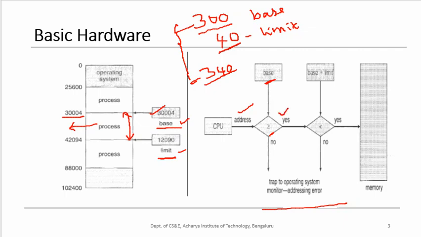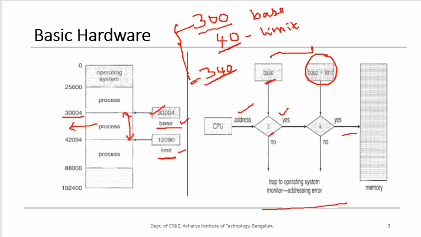If yes, then the address is checked against the content of base plus the content of limit register, that is this end address. So the address has to lie within this range. If yes, then that address is used to reference the memory location.